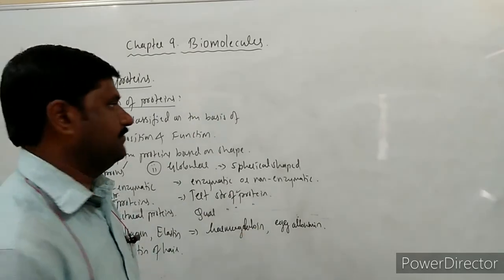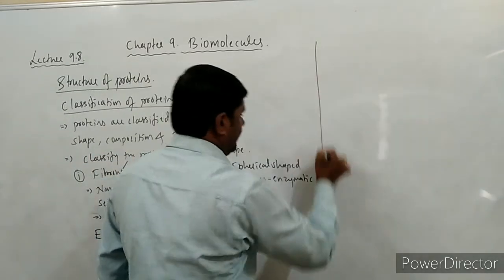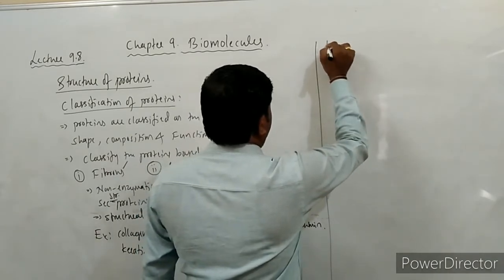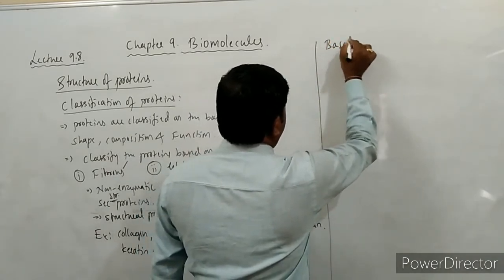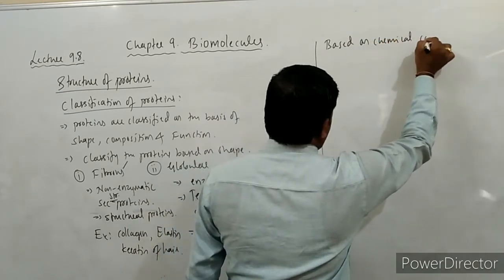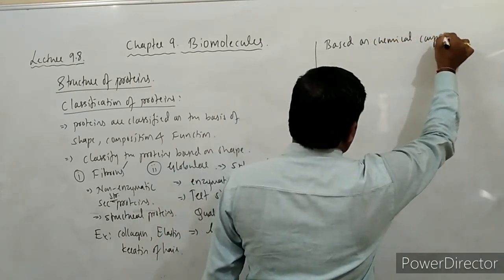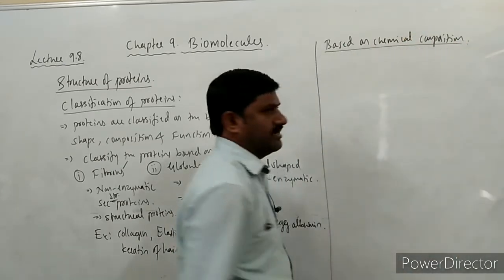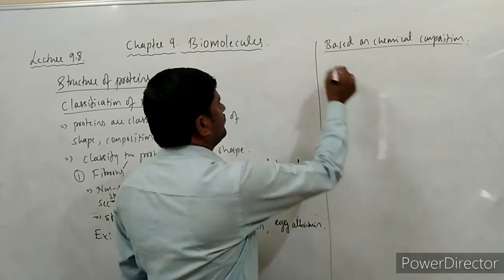This is one thing, and now on the basis of their chemical composition. Based on chemical composition, there are different types of proteins that we come across over here. So what are those?